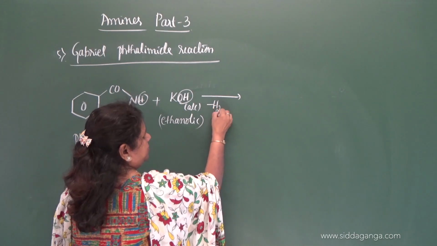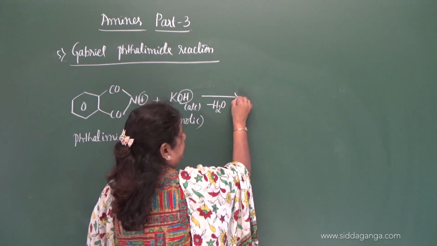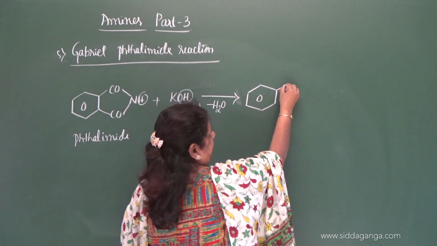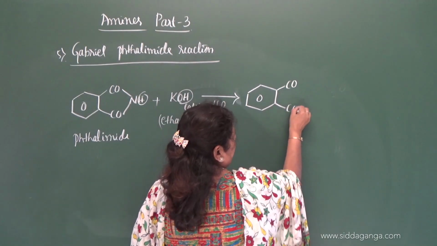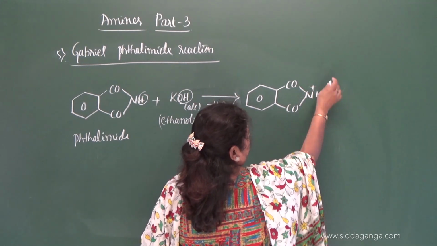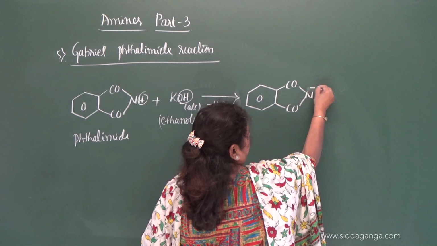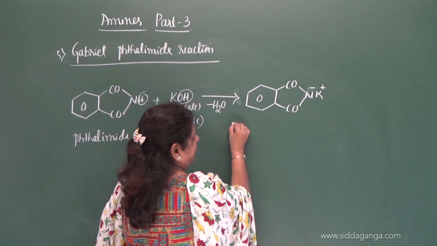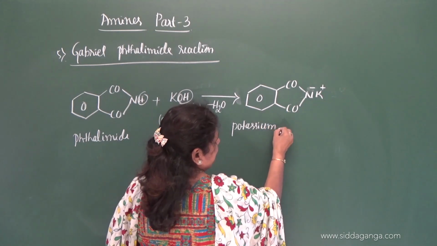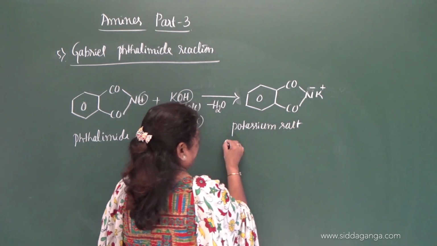With the elimination of water, you will get a compound like this, CO, N minus and K plus. This is called potassium salt of phthalimide.